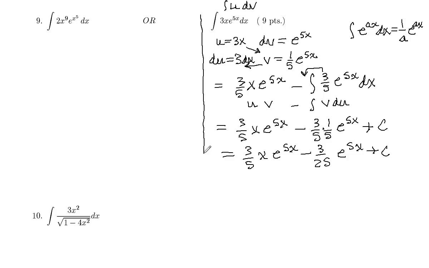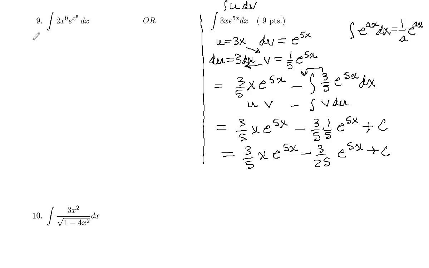Okay, just one method, integration by parts. But this one over here, notice that if you differentiate the x to the 9th there, you're going to get 9x to the 8th, which is easier. But if you pick the e to the x to the 5th as the part to integrate, how do you integrate e to the x to the 5th?